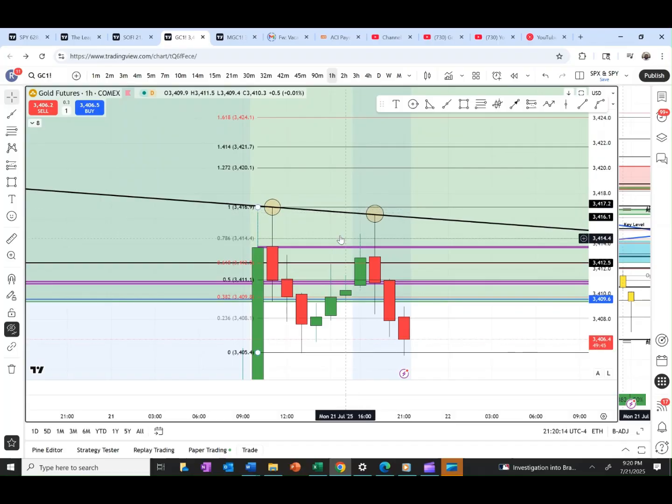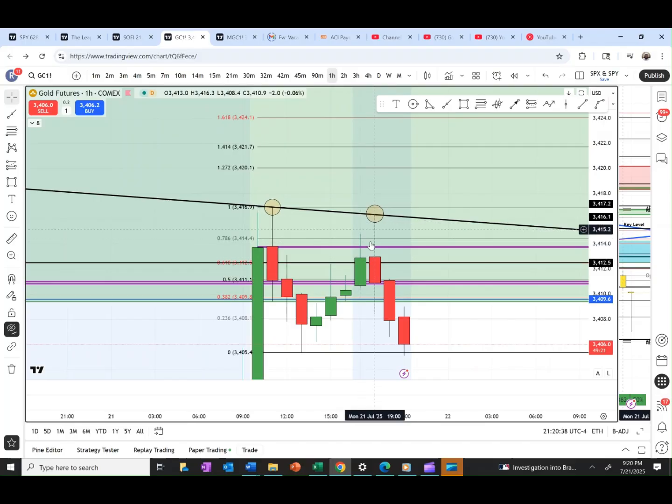So you got to be a brave soul to enter this as it sweeps, comes back down, makes that low, and then closes inside of that bearish volume imbalance. Then they open up a little bit higher, barely push up and sell out again. It gets sent down.